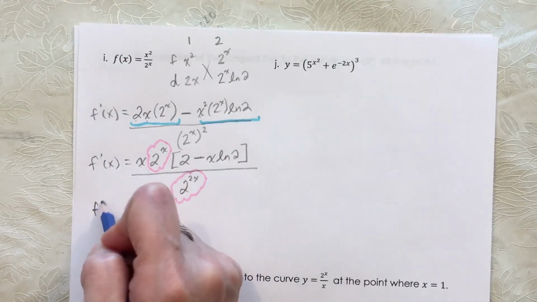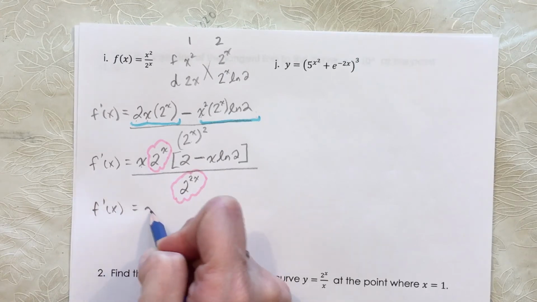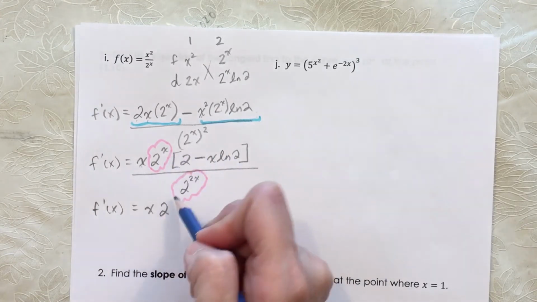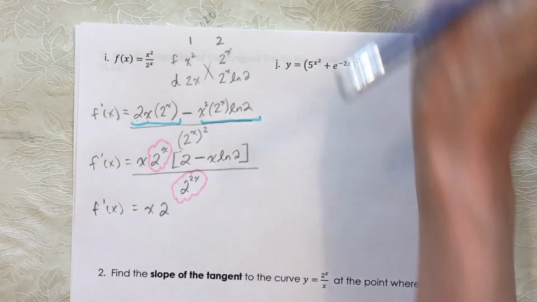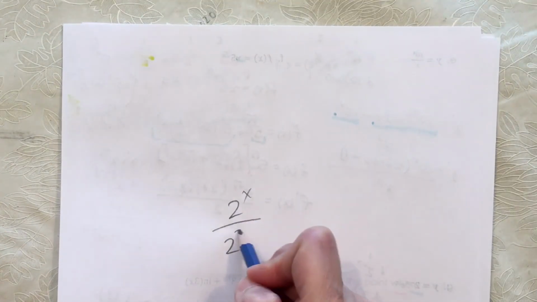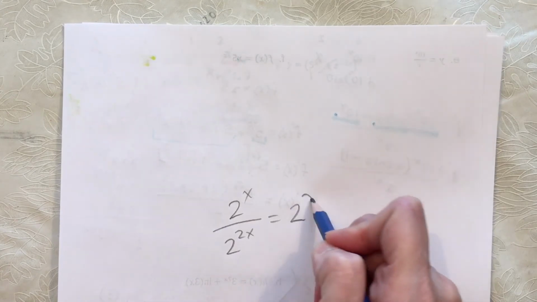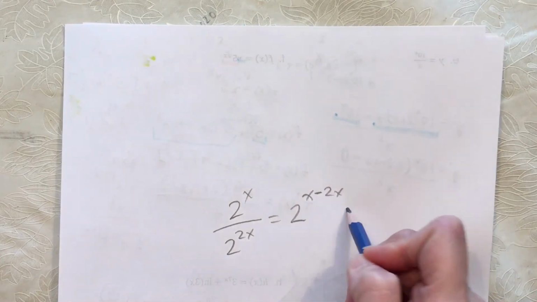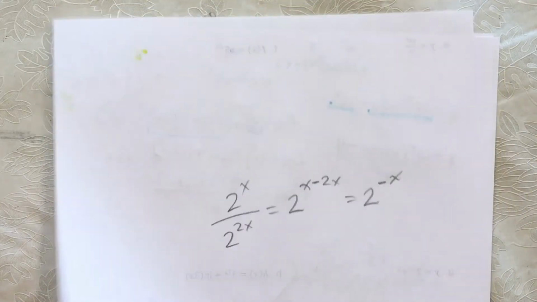So that's going to give us x, 2 to the, so you're thinking 2 to the x over 2 to the 2x is 2 to the x minus 2x, which is 2 to the negative x. Okay?